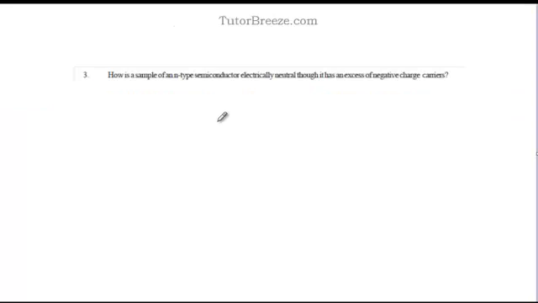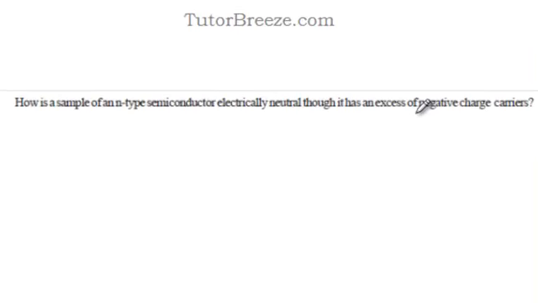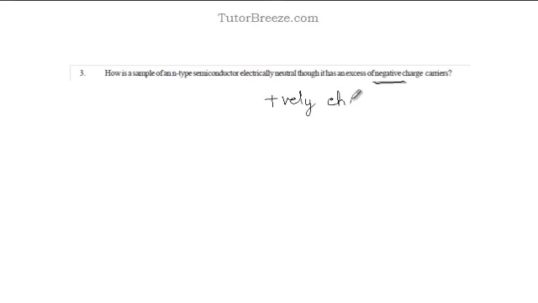An N-type semiconductor is electrically neutral because you have an excess of negative charge, but you have exactly an equal amount of positively charged cores. So the net charge on an N-type semiconductor is 0.